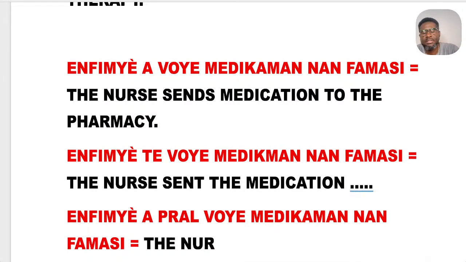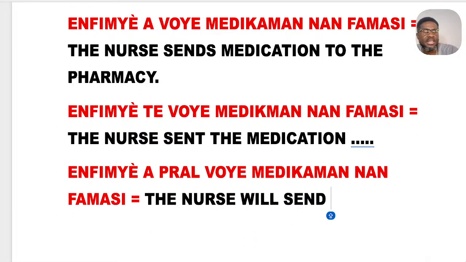Okay? The nurse will send medication to the pharmacy. Ok, pas besoin fin écrire toute phrase là. The nurse will send. So, ça qui est important, c'est forme là. Will send. Ok, et puis, vous continuez, vous mettez reste phrase là.